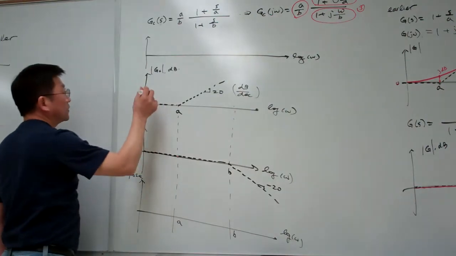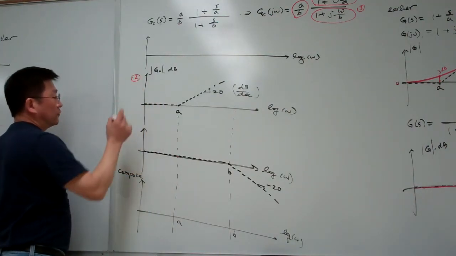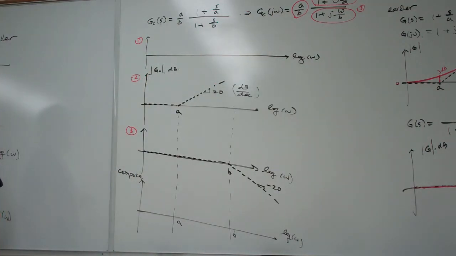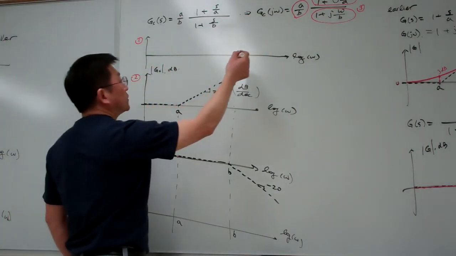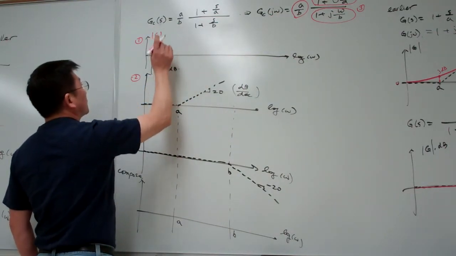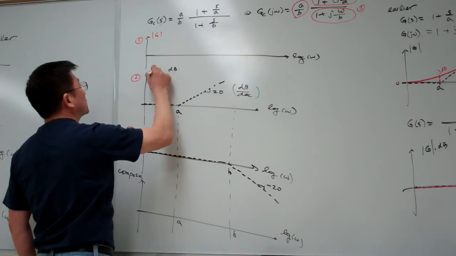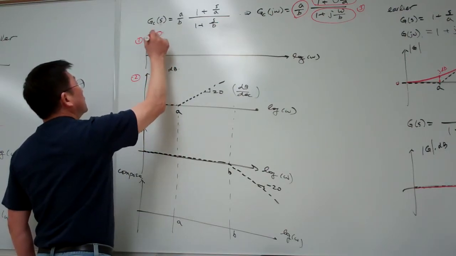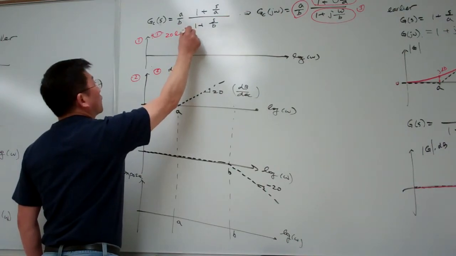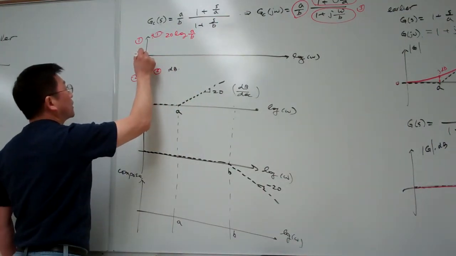For the second term, that is drawn here. For the third term, that is drawn here. And for the first term, I want to draw it on the top. For the first term, basically that is simply the contribution, log 20 A over B. So basically here, let me label it.